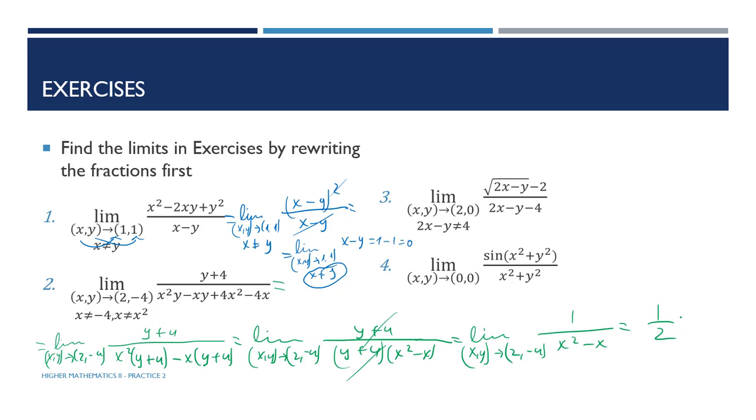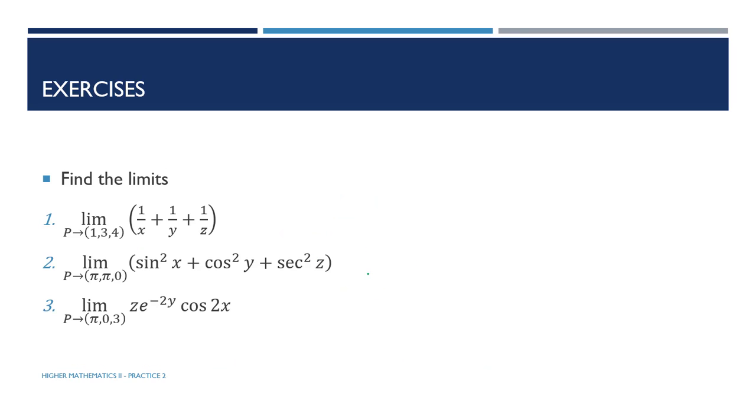And you also have to calculate the limits in exercise 3 and exercise 4 in this way. And there are some other limits which are triple variable functions, with x, y, and z. The first one seems easy. I don't need the limit, just calculate this one. 1 instead of x, 3 instead of y, 4 instead of z. 1 over 1 plus 1 over 3 plus 1 over 4.